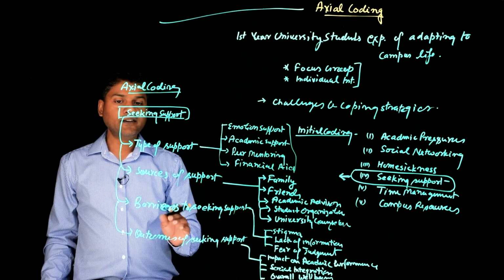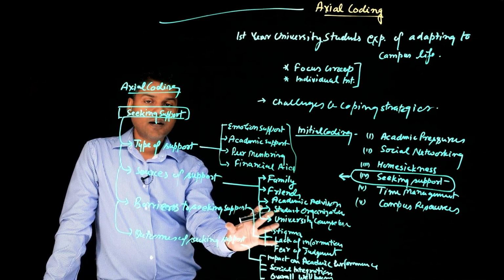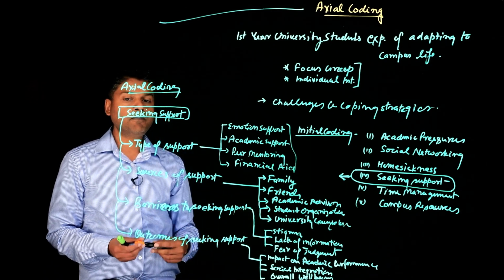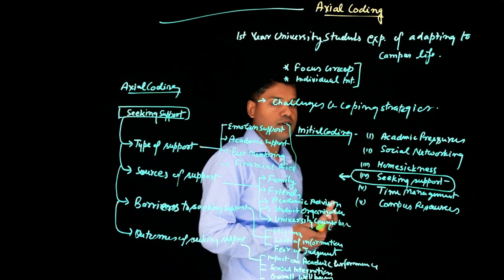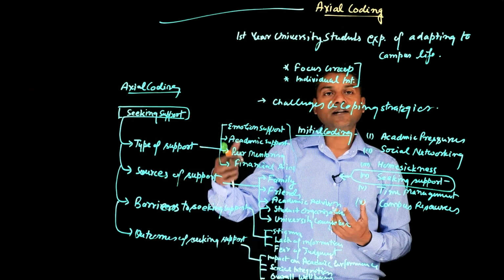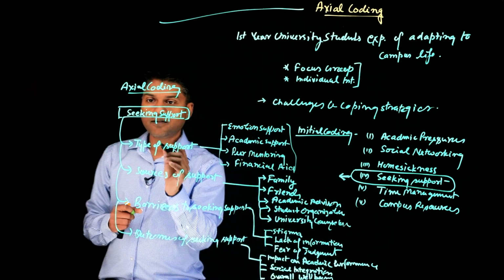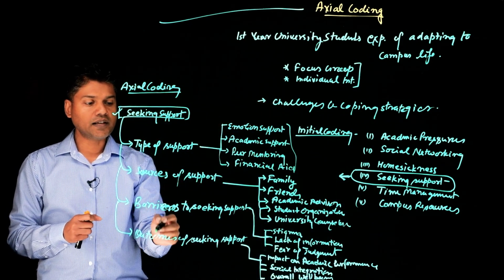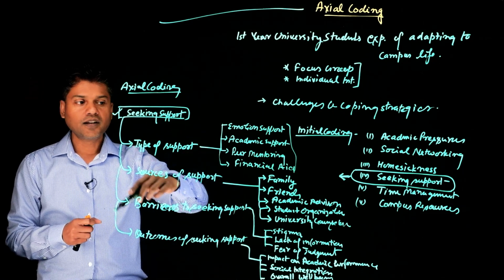Now, once I have developed these subcategories, as I said, axial coding is about finding connections, finding relationships between categories and subcategories. So here, this is the main category, and these are subcategories, and how they are related, how they influence each other.